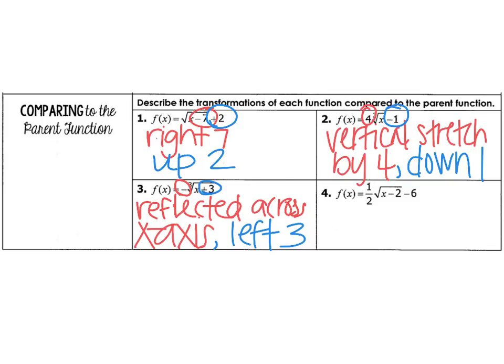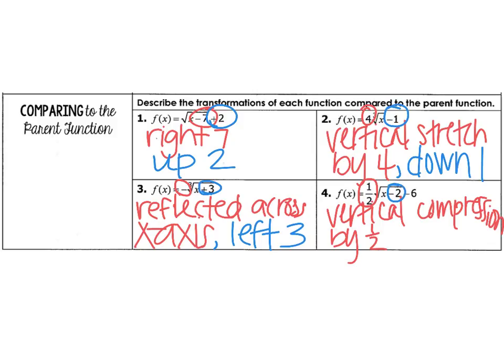Last but not least, number 4, we're looking at a square root function. So how does it compare to our square root parent function? We're going to take our square root parent function and vertically compress it by 1/2.